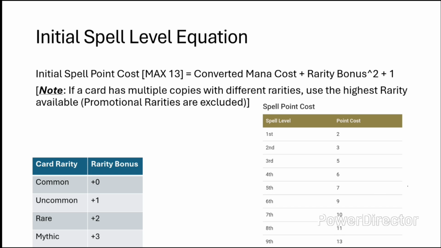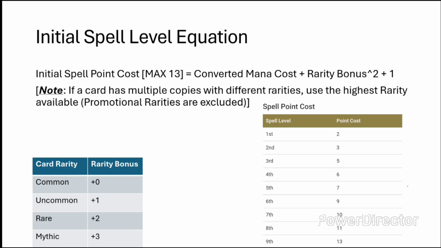Using the following equation: the converted mana cost plus our rarity bonus squared. So if it's an uncommon spell, it will be +1 squared. And then we add an additional +1 to the entire equation.